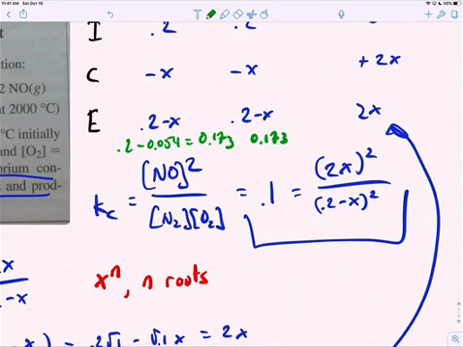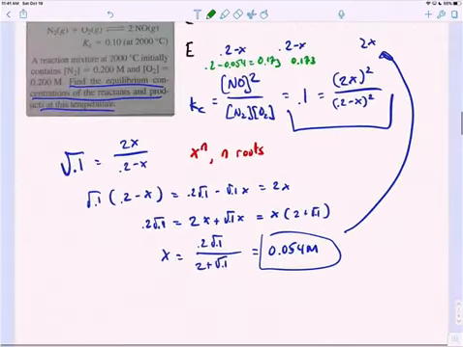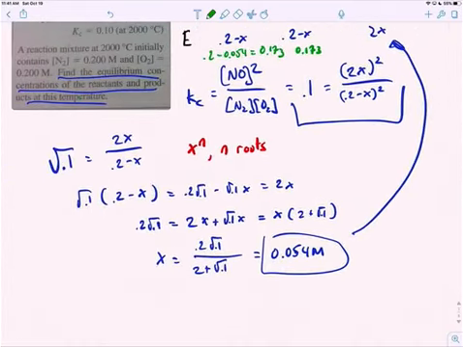And then this is 0.054 times 2. So that's going to be, no, actually, that's 2x. Oh, wait. I did make a mistake. I'm sorry, I was looking at the book.